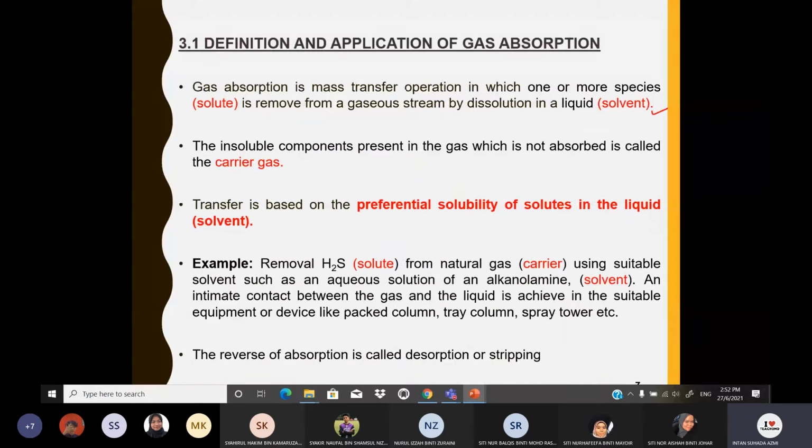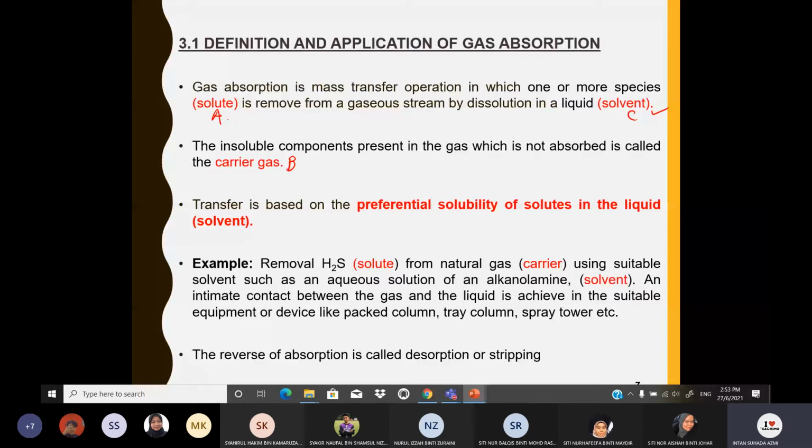Okay, now we want to show some examples of gas absorption applications. Solute here means your A. The insoluble component present in the gas which is not absorbed is called the carrier gas. So this one is your B. It means that your solvent C will only absorb solute A, but it will not absorb solute B. Right?